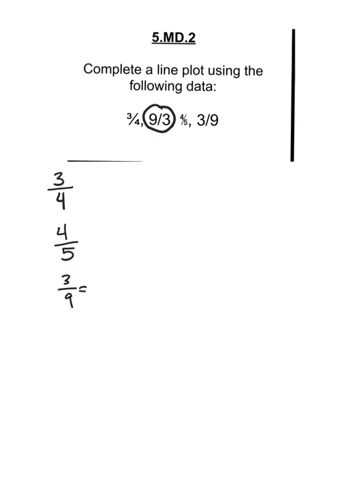So I know that 3/9 is the same as 1/3. So that means that I need to find my least common multiple for those 3 denominators. Least common multiple for 4, 5, and 3. So let's go ahead and skip count. 3, 6, 9, 12, 15.